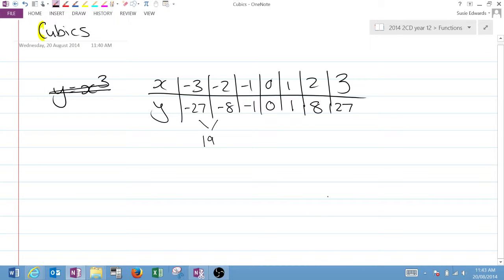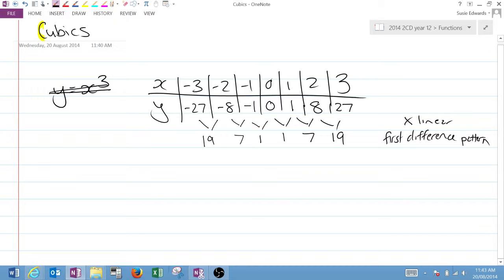What about -8 to -1? 7. -1 to 0? 1. 0 to 1? 1. 1 to 8? 7. 8 to 27? 19. Okay, so that's the first difference pattern. So, is this a linear function? No. So we go, not linear. This is the process you have to go through every time you get asked to check this, okay?